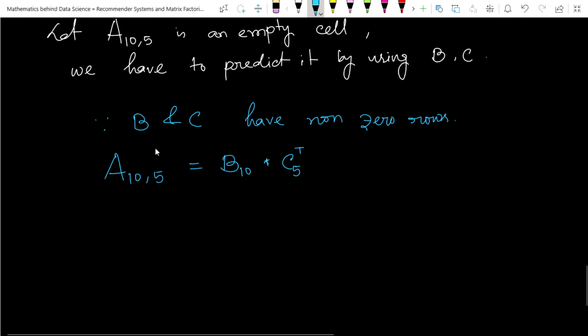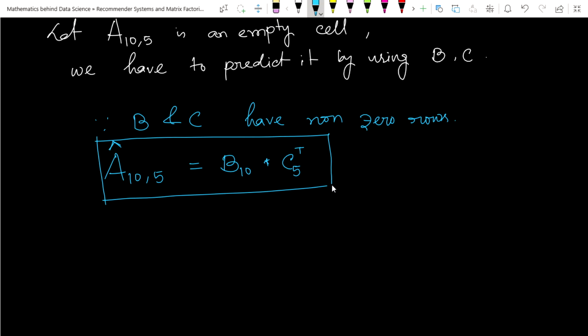We call these things A hat. This is called the predicted value of A10,5, by doing this simple matrix and vector multiplication.